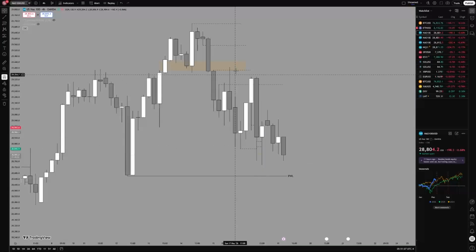It doesn't tell me, hey, look, we disrespected this and we're going higher. No. It's telling me that we respected that change in the state of delivery and we're going to continue lower. So your goal in trading should not be to predict. It should be to analyze and understand what price wants. In this case, price wants to go lower.